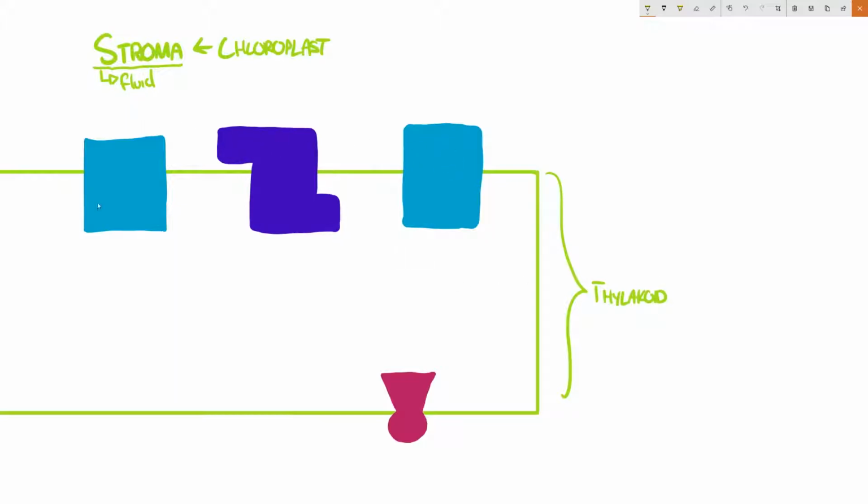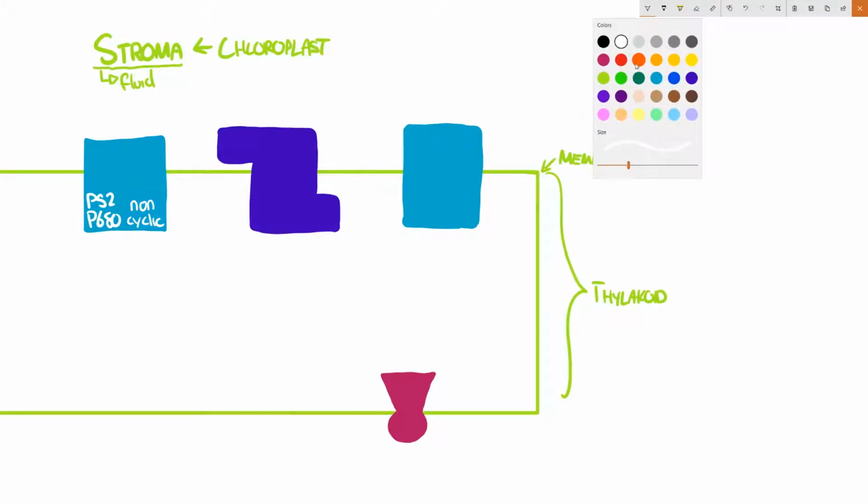Photosynthesis takes place inside these proteins in the membrane of the thylakoid. Their first stop is going to be Photosystem 2, or P680, or non-cyclic photosystem.